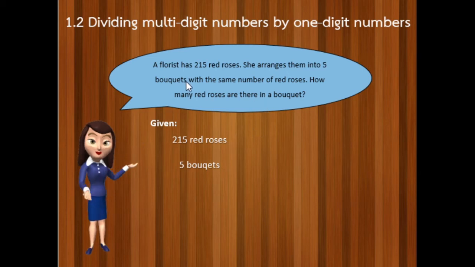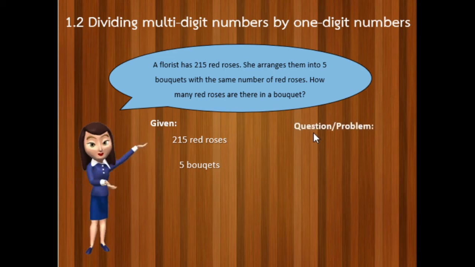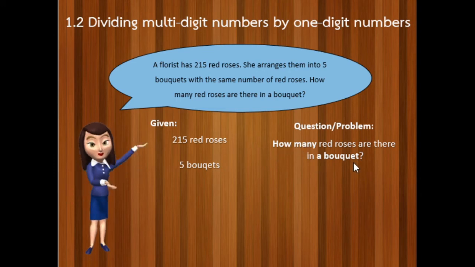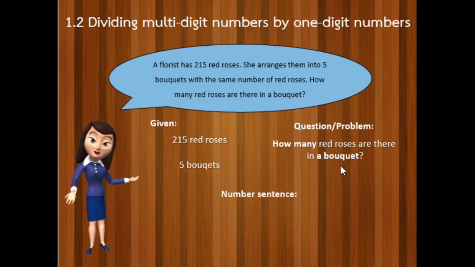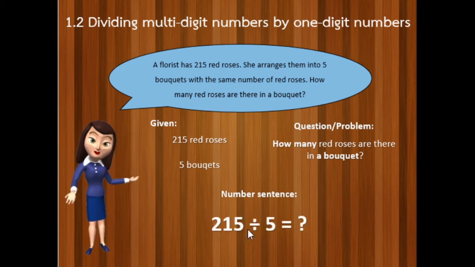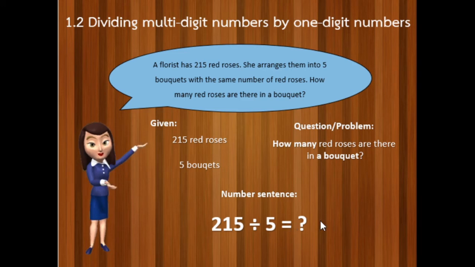It's the important keyword in the problem, right? And then we can have the question: how many red roses are there in a bouquet? Or how many roses are there in one bouquet? So we can then make a number sentence, and that could be 215 divided by 5 equals unknown.